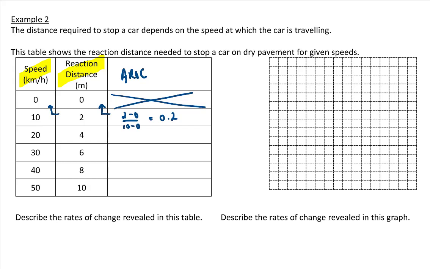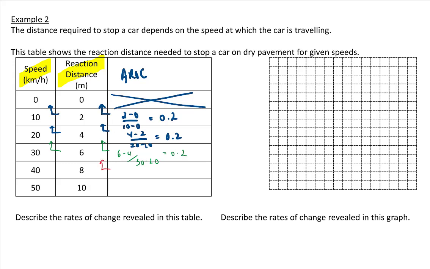Let's go to the next one. We're going to take 4 minus 2, so we go over to the cell beside it. So we get 4 minus 2, and we divide it by 20 minus 10. And again, using our calculators, we will get 0.2. Let's do the next set. It's going to be 6 minus 4 divided by 30 minus 20, and again, we get 0.2.